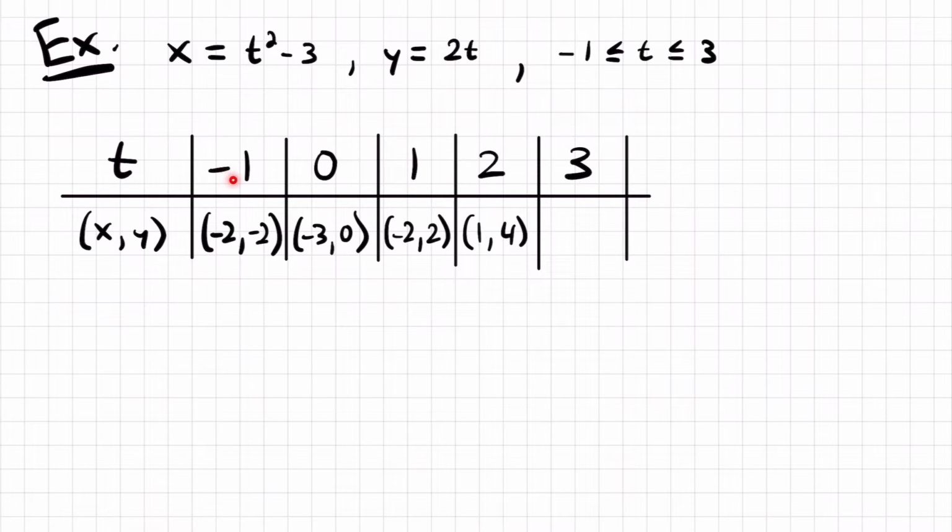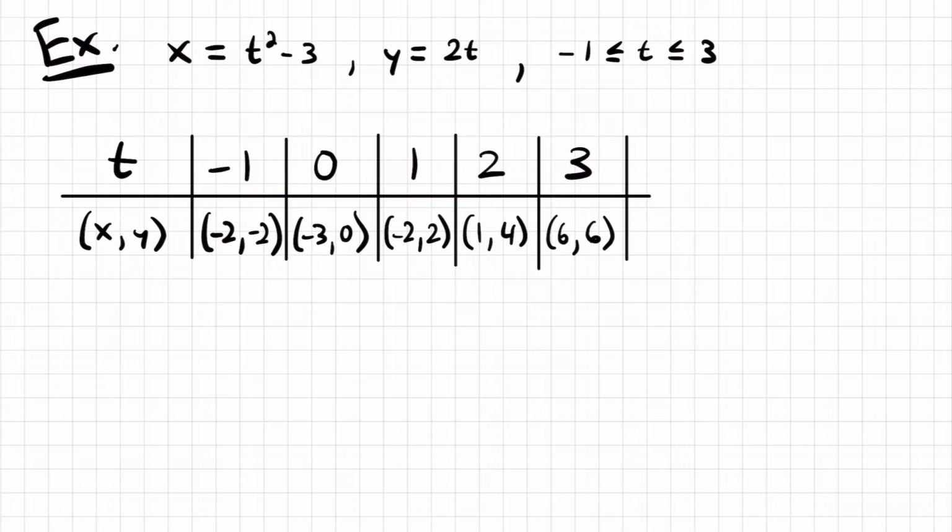Just like when t equals -1, this is our initial point. When t equals 3, we have 3 squared minus 3. 3 squared is 9, minus 3 is 6. So our x-coordinate is 6. And then if we plug 3 into this equation, 2 times 3 is 6. So y will equal 6. So we'll have 6, 6 as our final coordinate point.